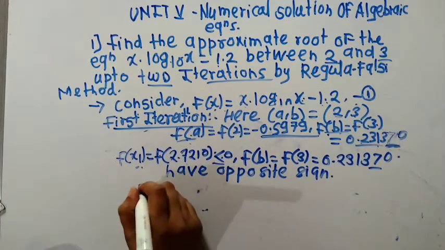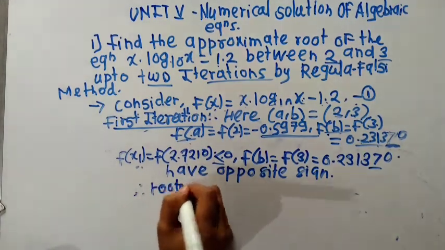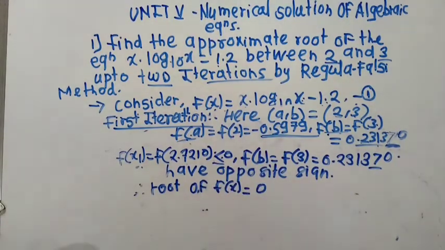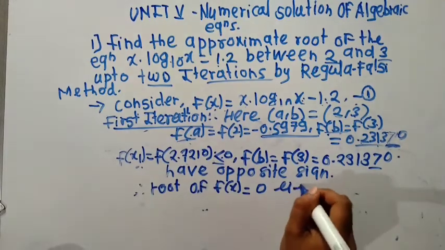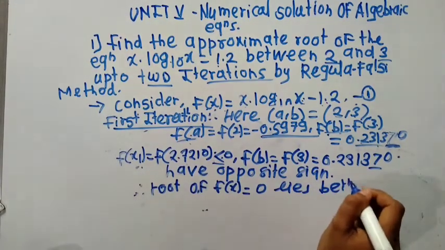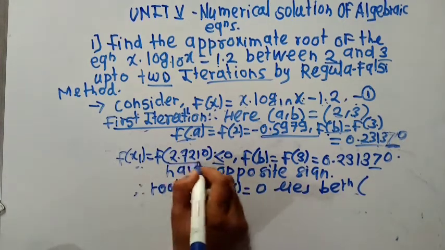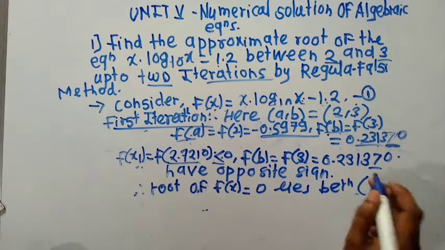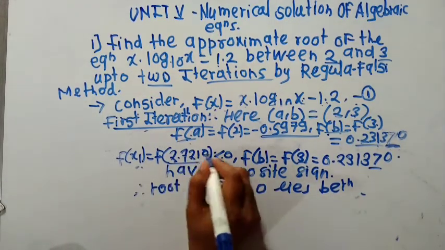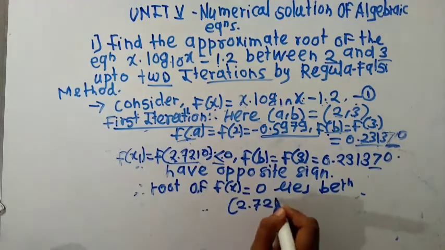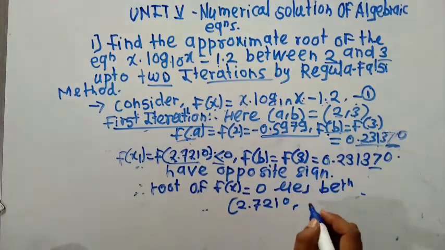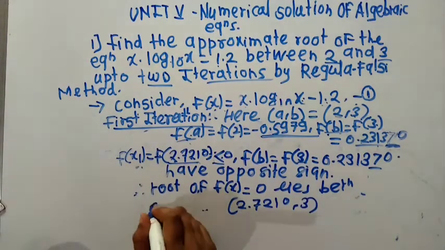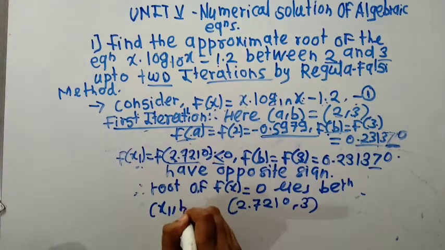Opposite sign, hence the root of f of x is equal to 0 lies between 2.7210 and 3, and these are the points x1 and b.